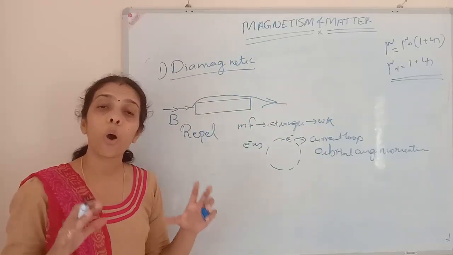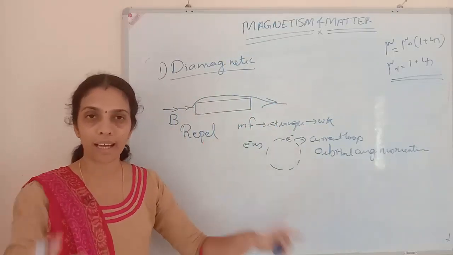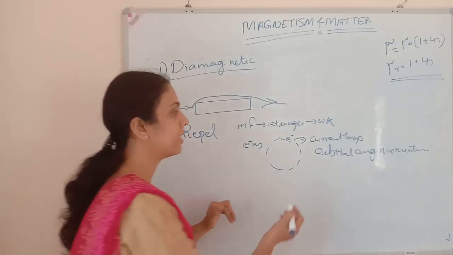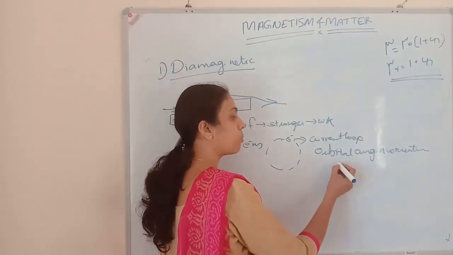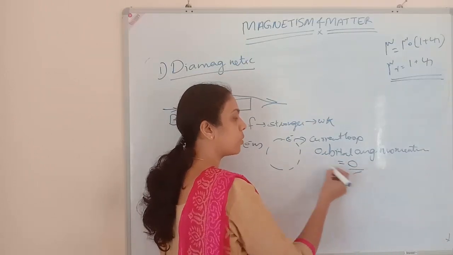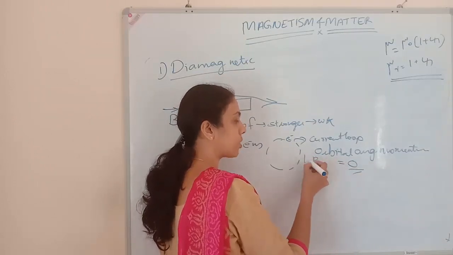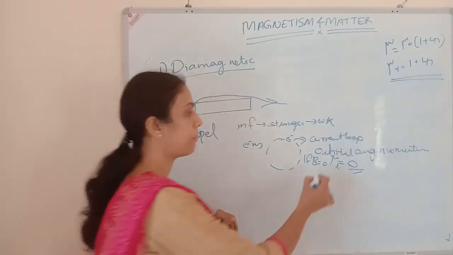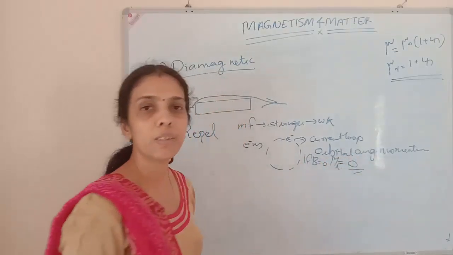If we are not applying any external magnetic field to it, then the total orbital angular momentum will be equal to 0. If B is equal to 0, the total magnetic moment will also be equal to 0.